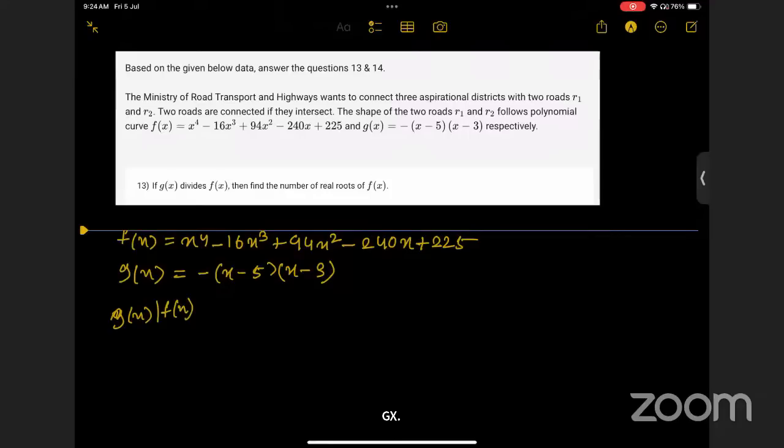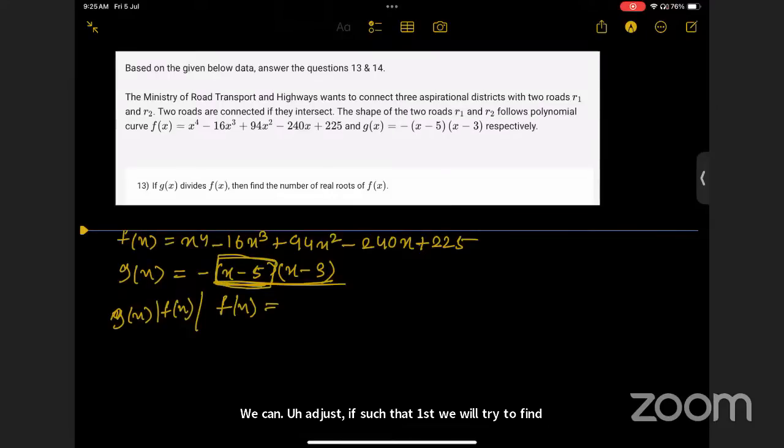That means these two factors, x minus 5 and x minus 3, are also factors of f(x), right? So we can factorize f with the help of these two. First our target is to find this factor here.